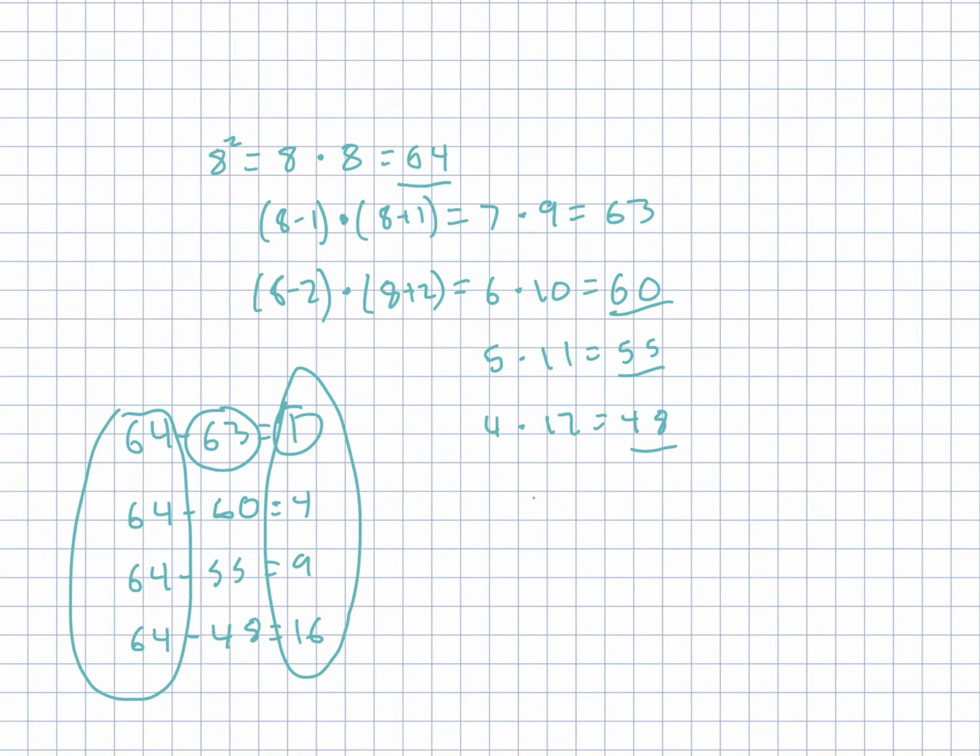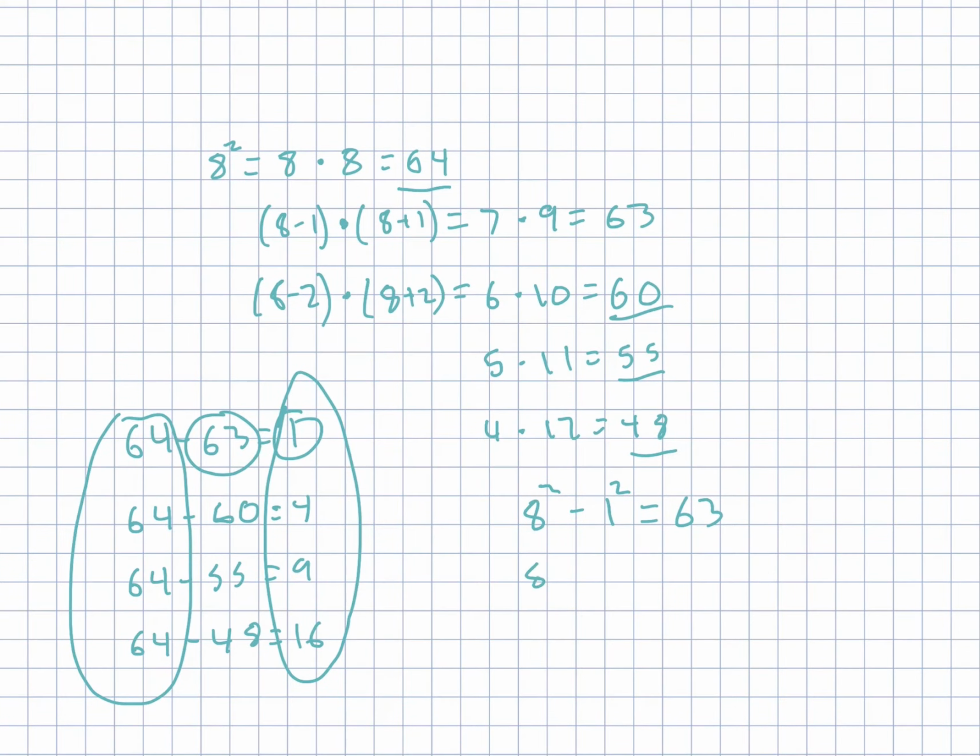So we can get 8 squared, or 64, minus 1, which is also 1 squared, is equal to 63. And we could do the same thing. 8 squared minus 2 squared, or 4, is equal to 60.